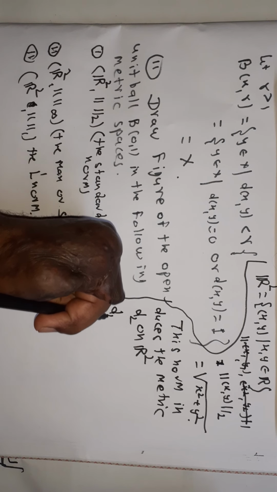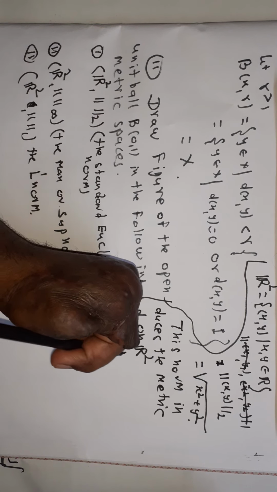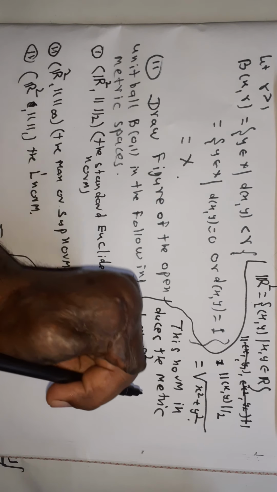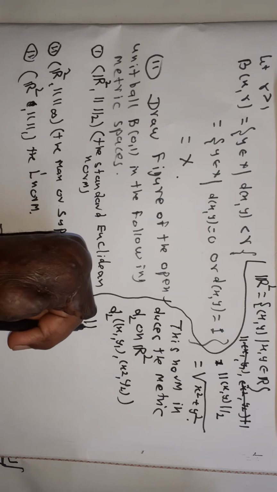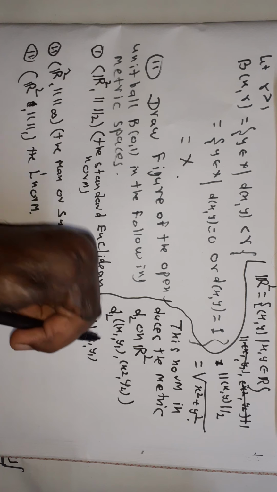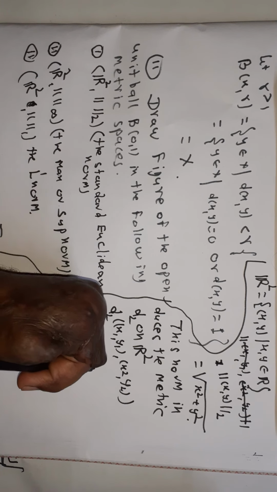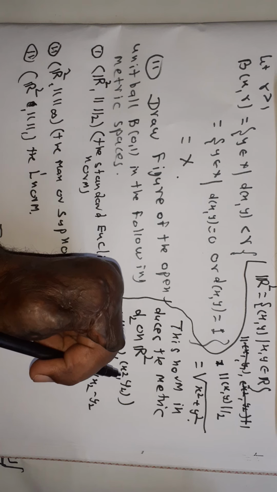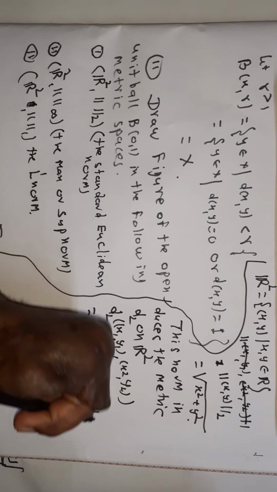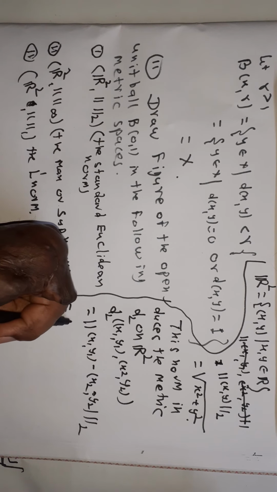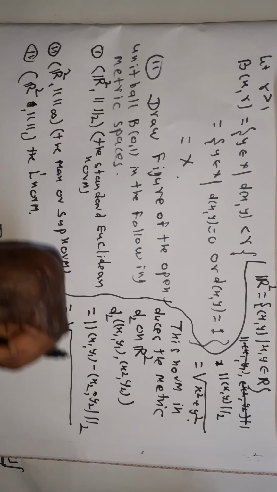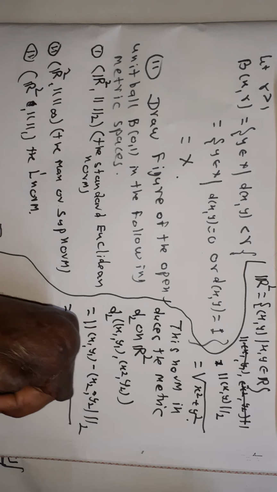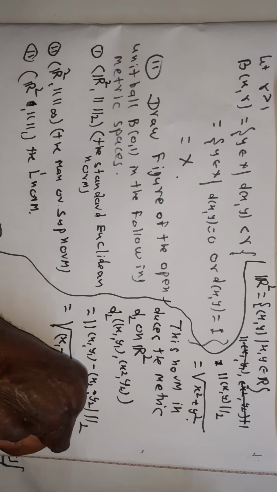Here D2 of x1 comma y1 and x2 comma y2 is equal to the norm 2 of x1 comma y1 minus x2 comma y2, which is equal to the square root of x1 minus x2 the whole square plus y1 minus y2 the whole square.